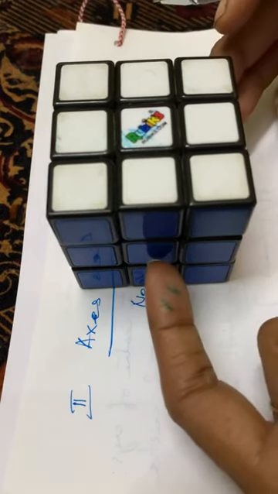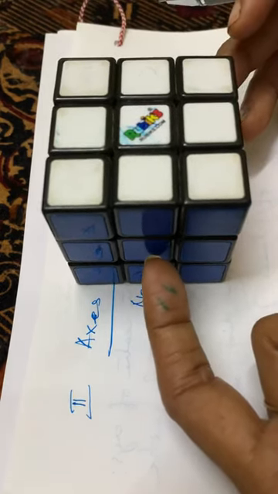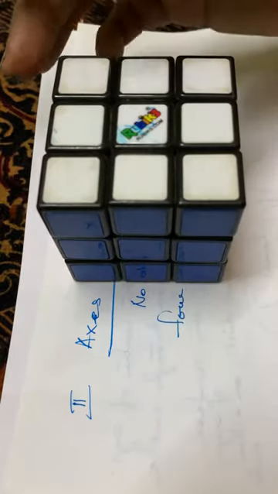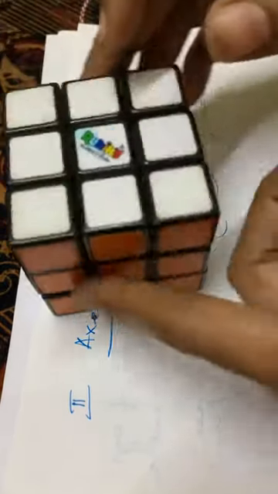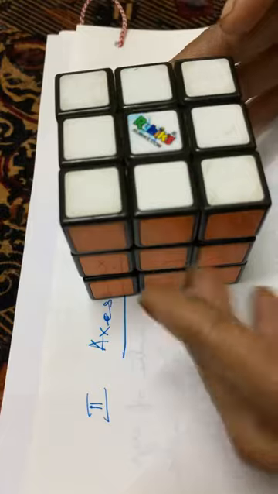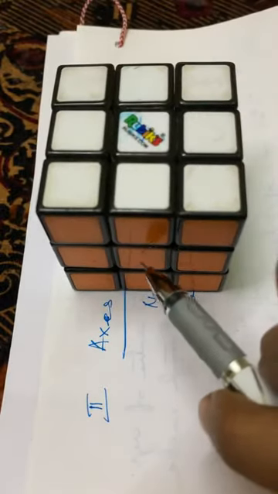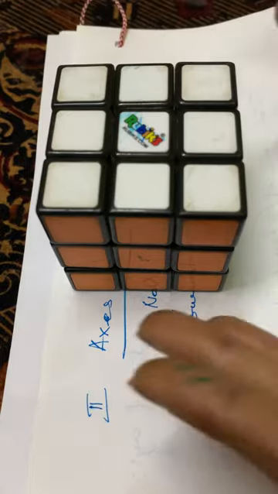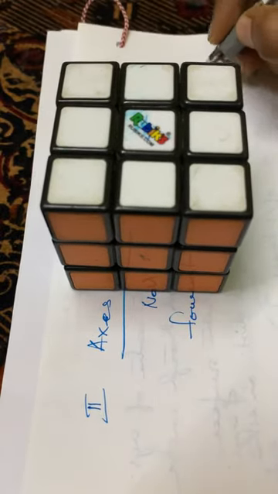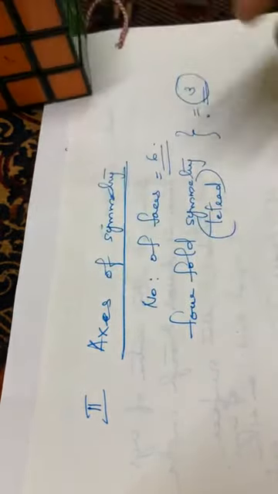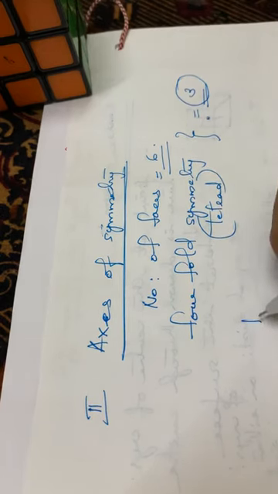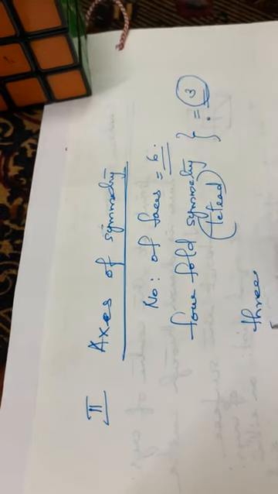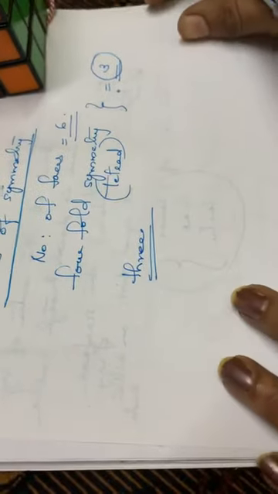Like through this point, through this line, one more axis is there. Then again another 2 faces are there, that is the orange as well as the red. Here also one axis of symmetry will be passing. Okay, so thus it has got in total 3 fourfold axes of symmetry. You have to write it as 3 fourfold axes of symmetry for this particular cubic crystal system.